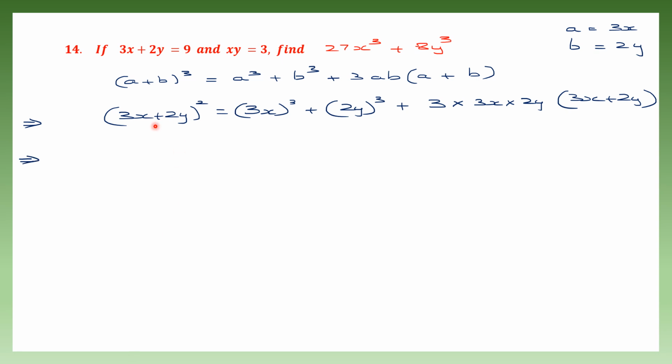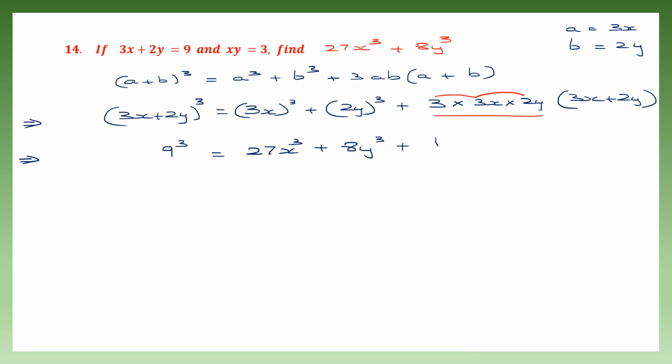Now 3x plus 2y is already given to us as 9. So the cube of that will be 9 cube, which is 3x the whole cube. 3 3s are 9, 9 3s are 27, 27x cube plus 2 2s are 4, 4 2s are 8, 8y cube plus, now here let's multiply. 3 3s are 9, 9 2s are 18.